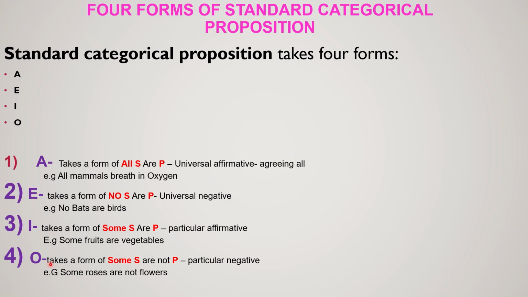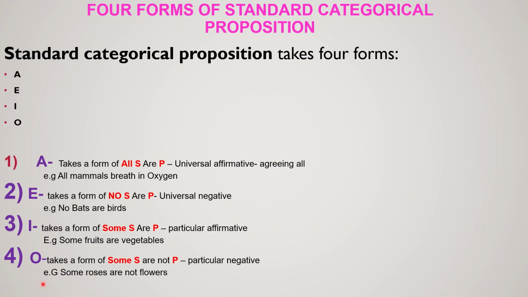Lastly, it is the propositions or premises that take the form of "Some S are not P," and this is particular negative. Like how we have argued that some S are P, it also means that some S are not P. And this one takes the form of O. These arguments or propositions are negative, but for a particular number.